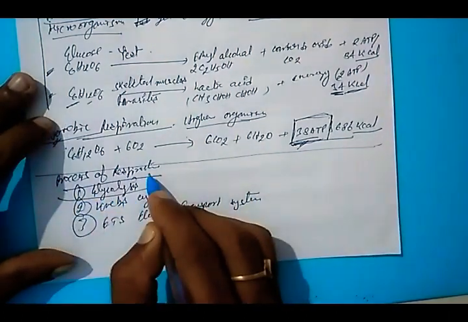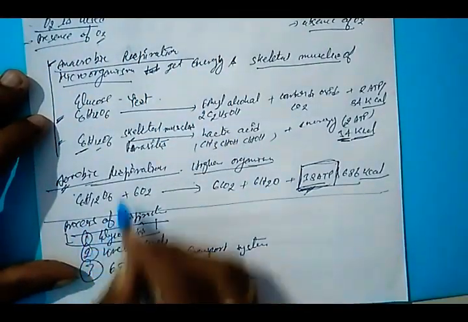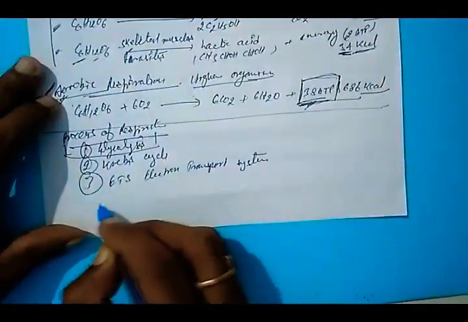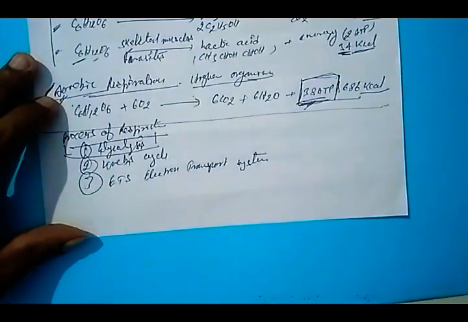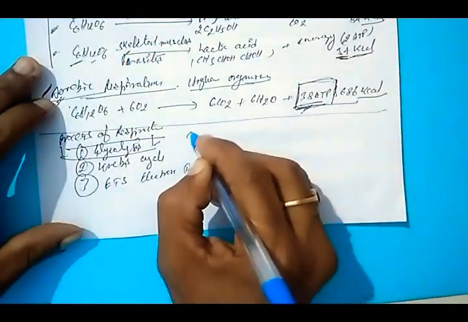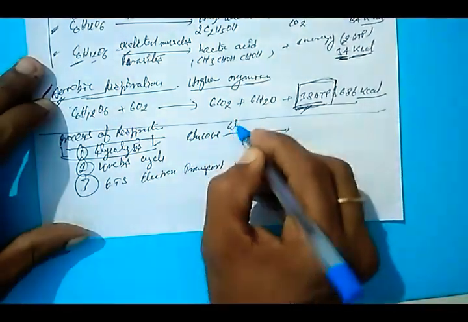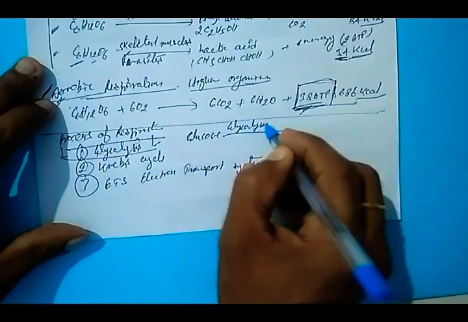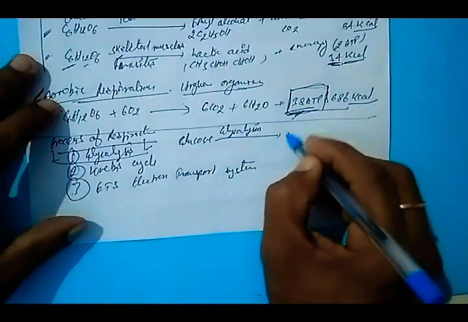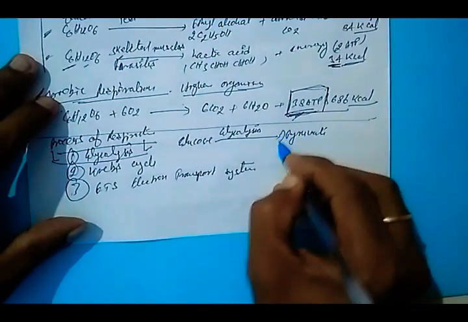The first process, glycolysis, is similar in aerobic condition and anaerobic condition. The product of glycolysis is pyruvate, two molecules of pyruvate.